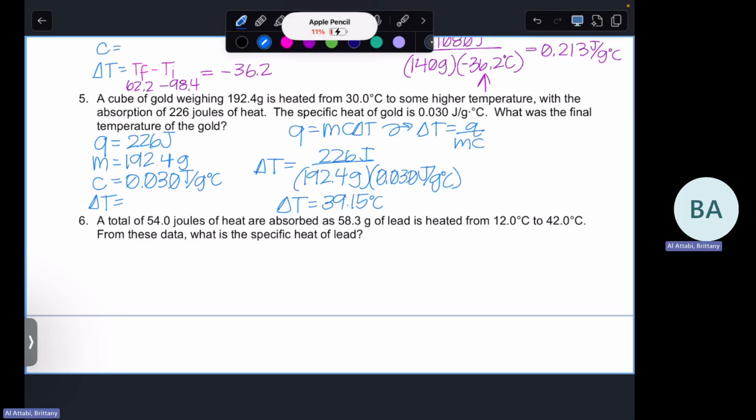Okay, so now the important question. Are we done? Why are we not done? Somebody that I've not heard from. It's heated from 30 degrees Celsius, so what do I do?